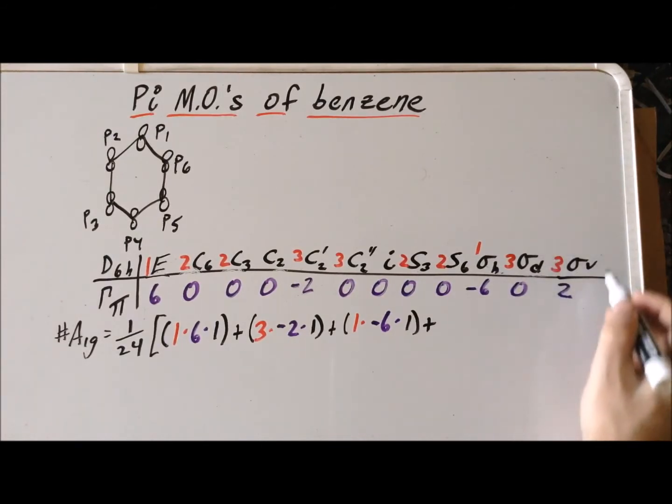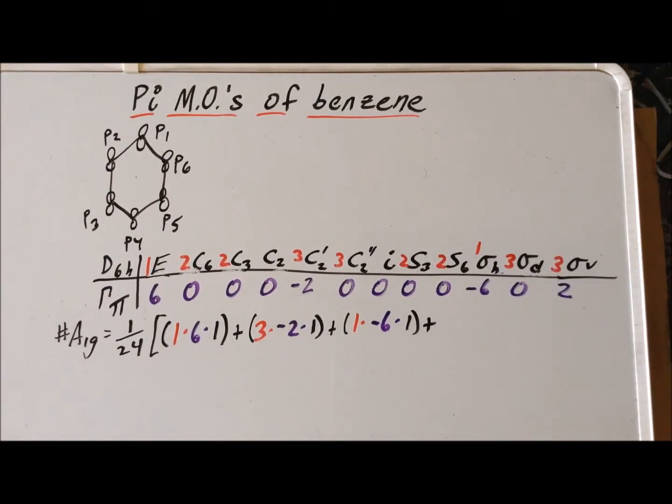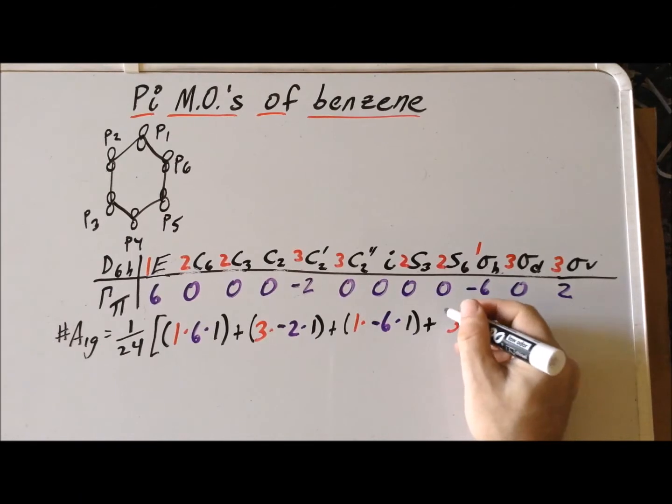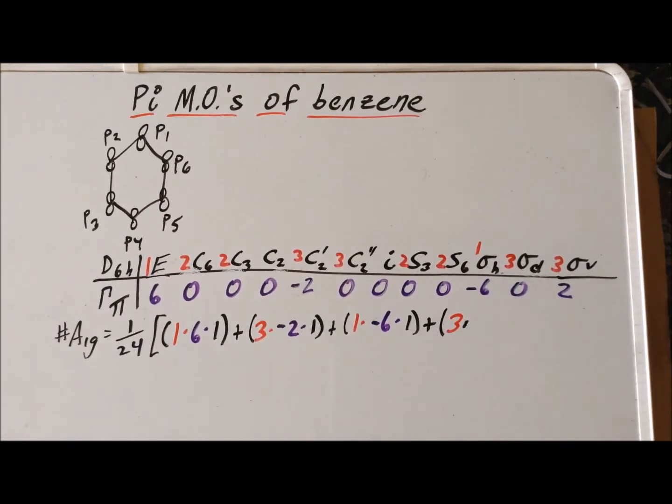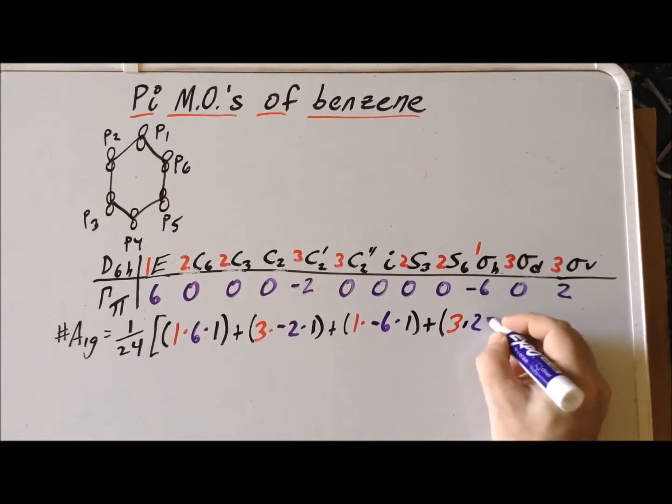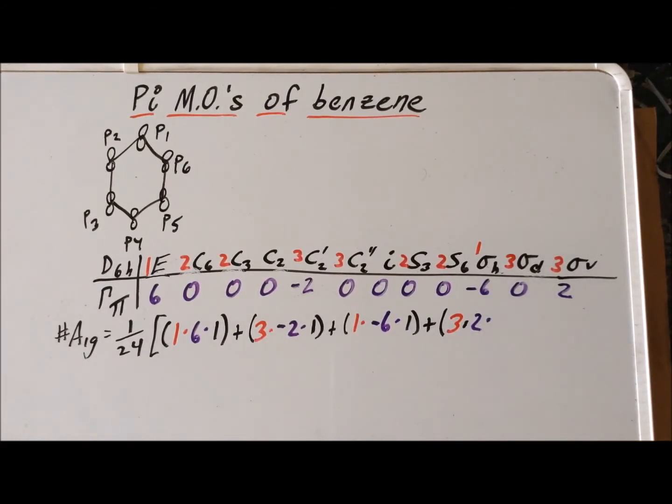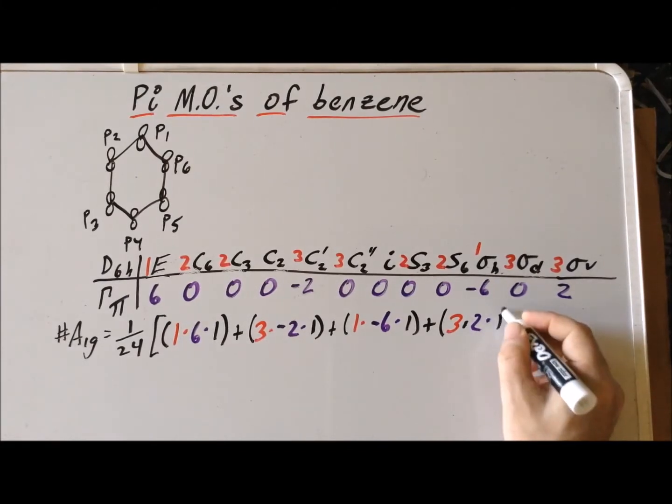And our last class is sigma V, and we have 3 operations in the class. The character from the reducible representation is a 2, which we put in purple. And then the character from the irreducible representation, A1G, is a 1.